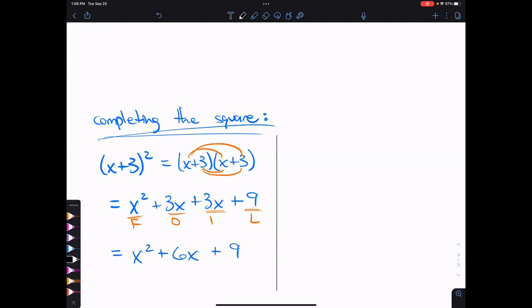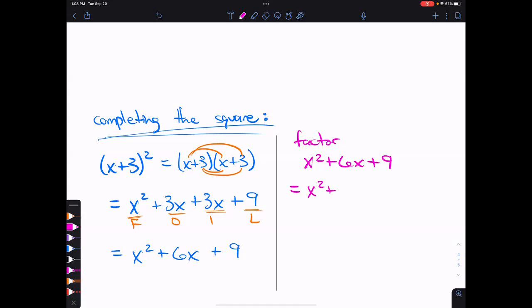What if I wanted to factor x squared plus 6x plus 9? How do you factor a thing like that? 3 times 3 gives you 9, and 3 plus 3 gives you 6, right?